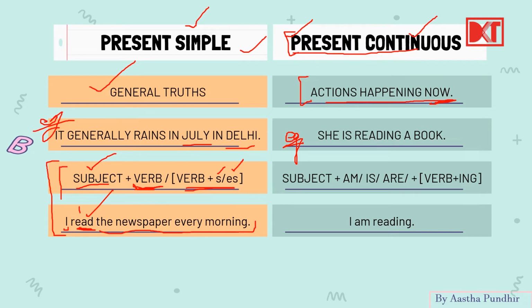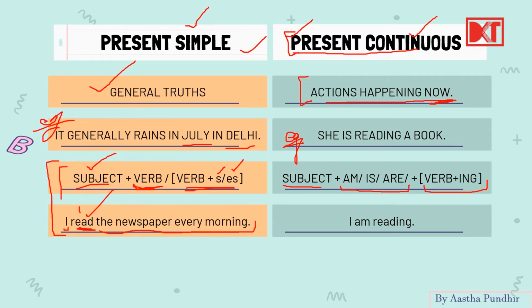then for the rest of it, like here we have subject, then we have am or is or are. ये कब कब यूज होते हैं? This is also something that we will see in the next few slides. And then verb की ing form.